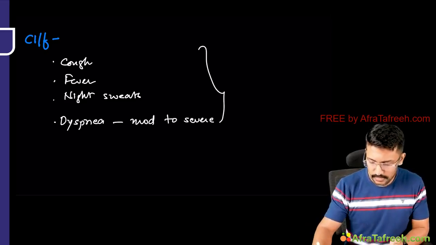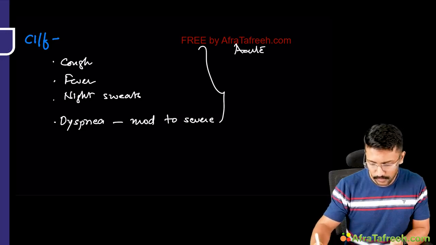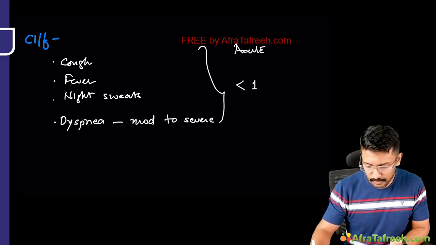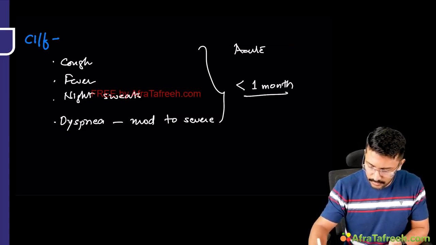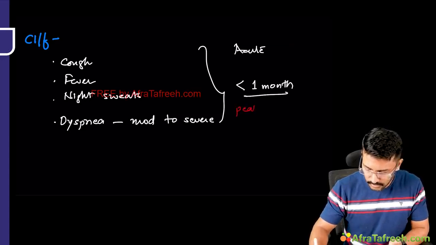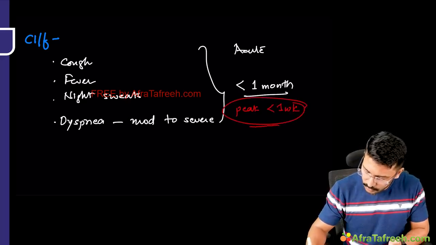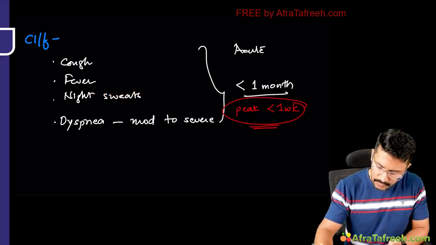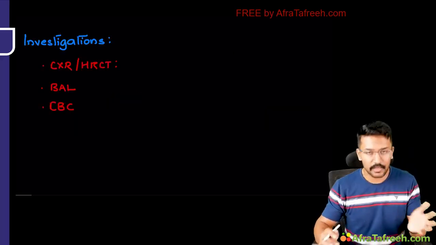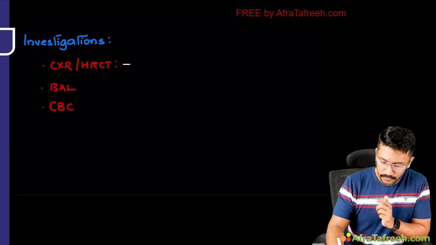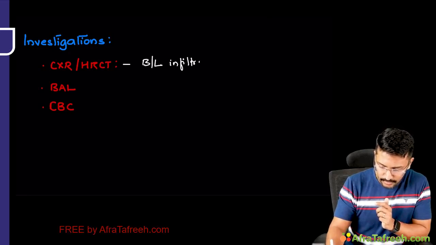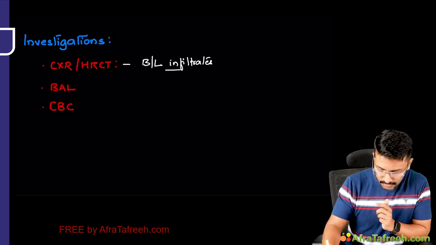And obviously all of this in acute presentation. So the duration of symptoms by the time they present is less than 1 month. Most patients, the symptoms peak within 1 week. So because symptoms peak within 1 week, the majority of these patients present to hospital within 1 week of the onset of symptoms. And such a patient, when we investigate on the chest X-ray, we will see bilateral infiltrates on the chest X-ray.